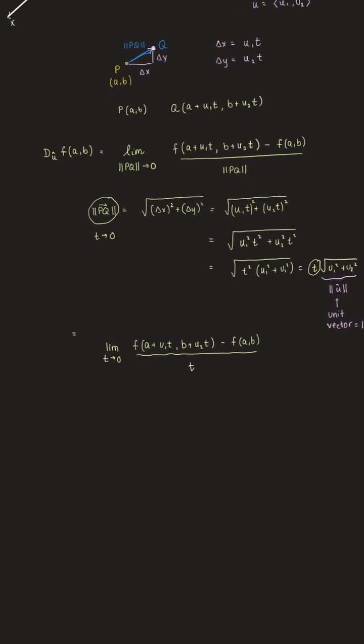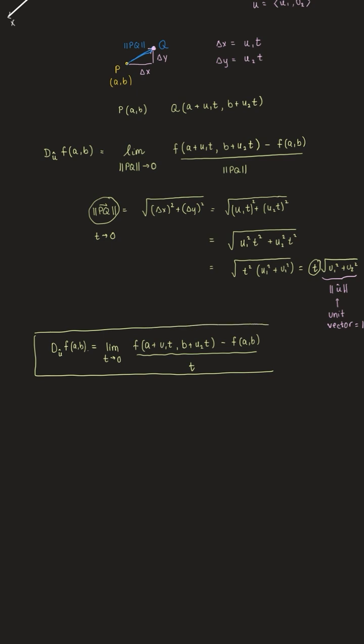And this is our definition of the directional derivative. So let's call this the directional derivative along vector u for our function f at the point A, B, or at P.